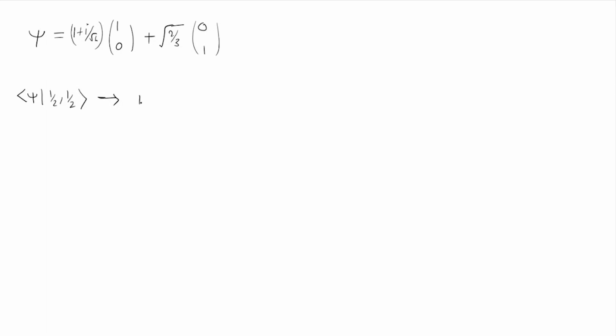Take the complex conjugate: (1 minus i) over root 6, 1, 0, it's a row vector, plus root of 2 over 3, 0, 1, a row vector. This is one thing. And then there is a matrix thing. On the other side, you have 1, 0. Take this inner product. This is the meaning of this.